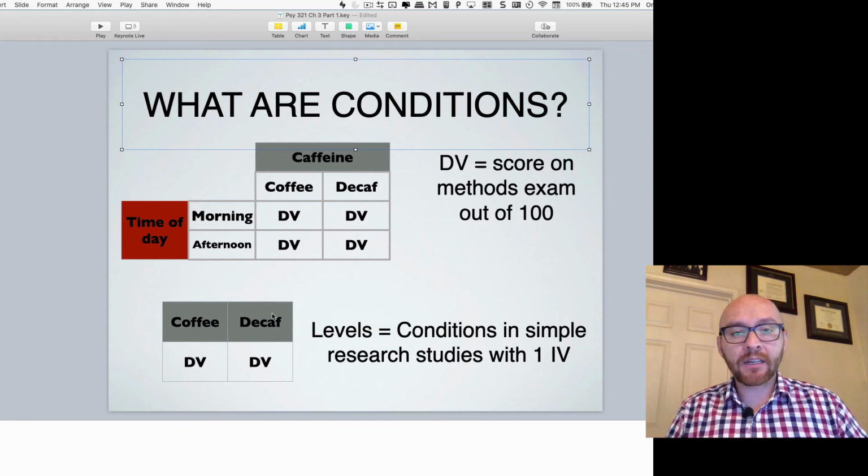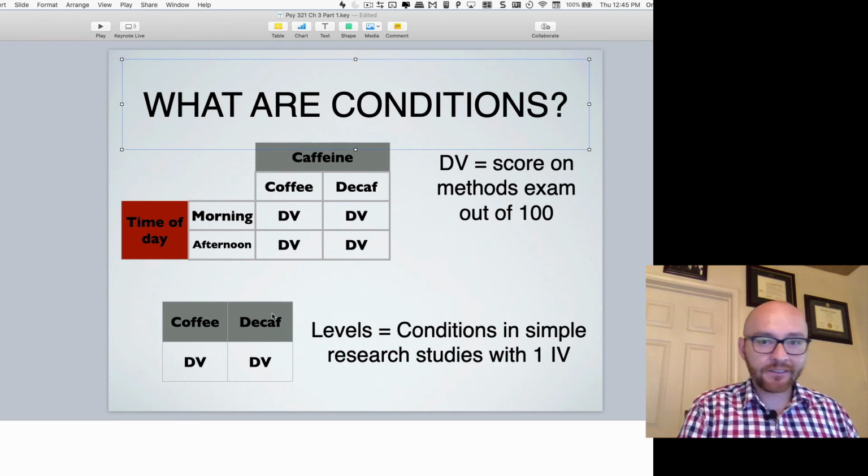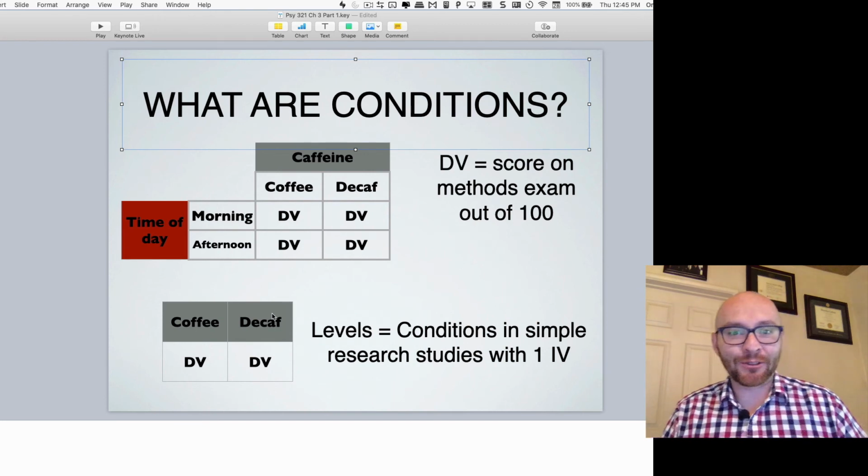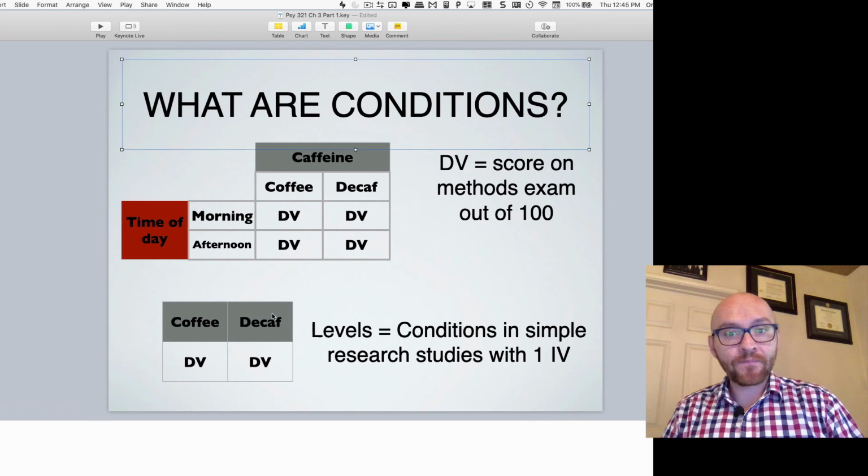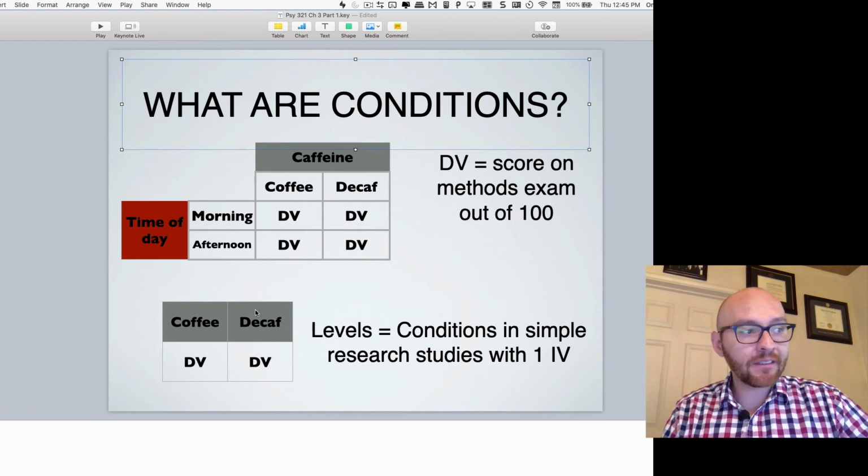I only want to compare how caffeinated and decaffeinated students do on an exam. In that situation, you have an IV with 2 levels, coffee and decaf. And only in this situation, when you have 1 IV, does the number of conditions match the number of levels in your IV.